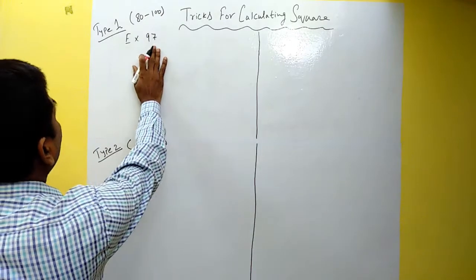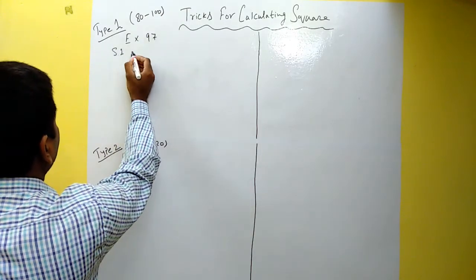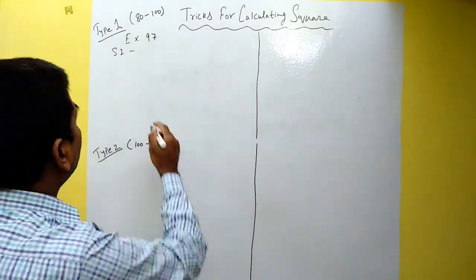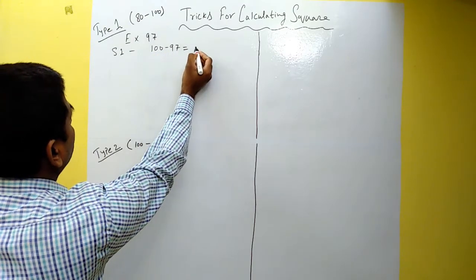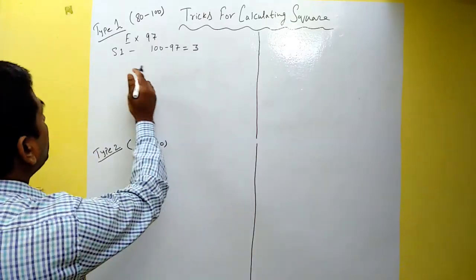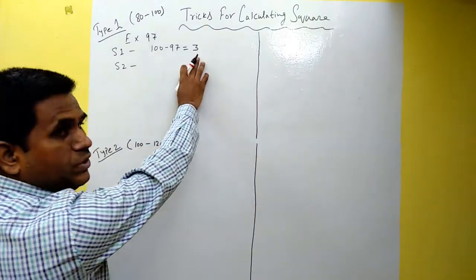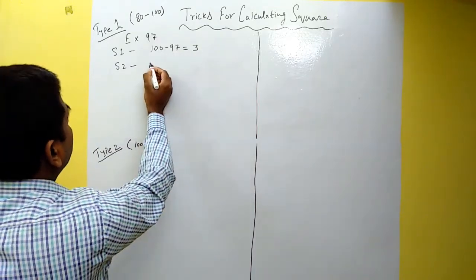In step 1, as I told you, the base is 100. So we do 100 minus 97, which gives the difference 3. Now step 2: this 3 we subtract from 97.